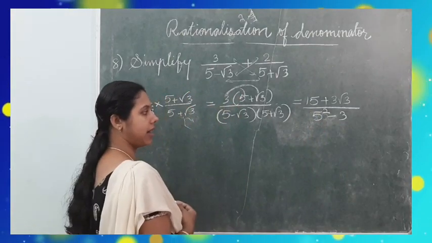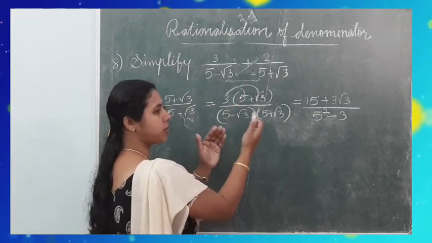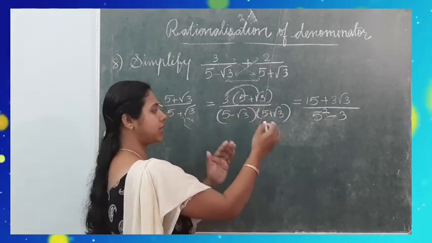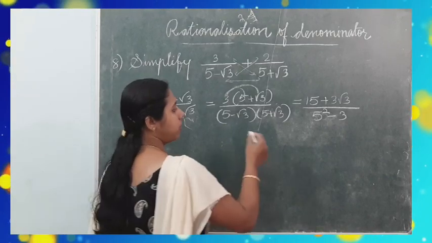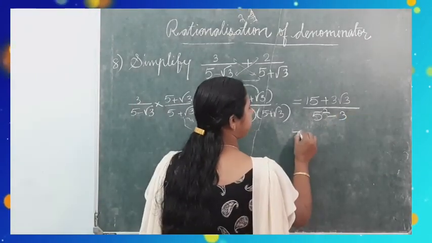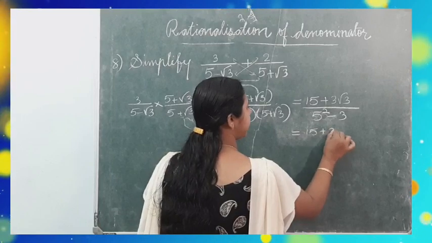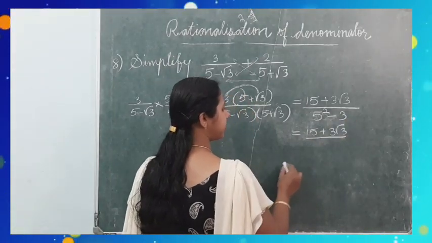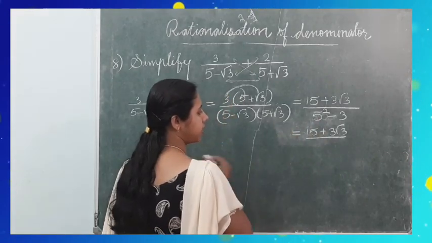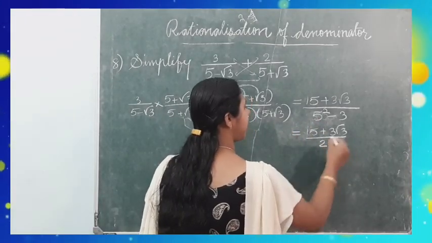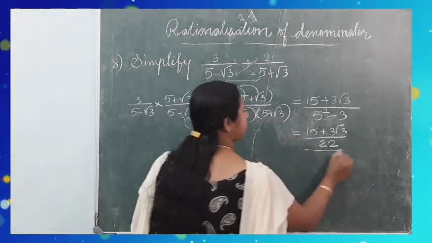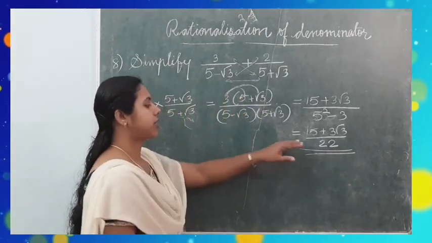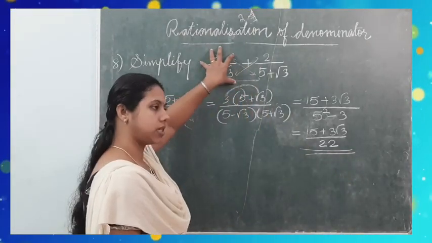Directly I am using the identity a plus b into a minus b equals a square minus b square, which is equal to 15 plus 3 root 3 by 25 minus 3. 25 minus 3 is equal to 22. So that is the rationalization of the first term.